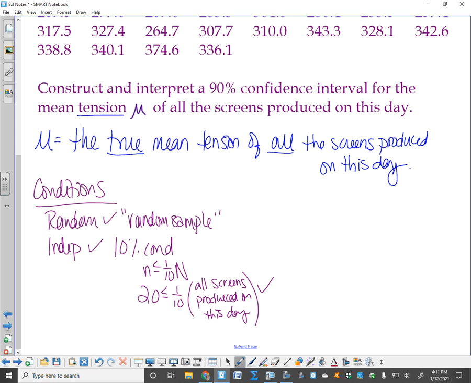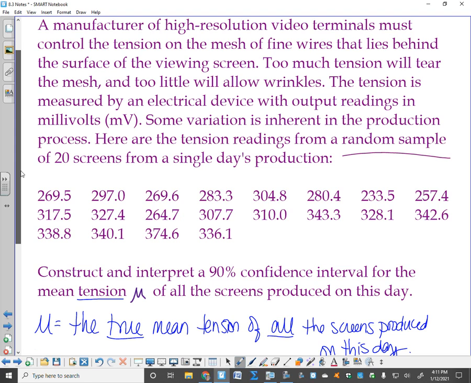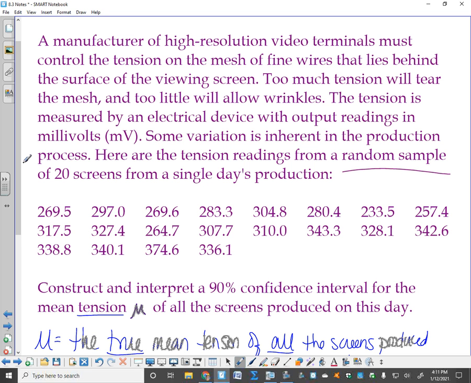So I assume we're good. Normal. I'm going to go ahead and put my check mark. However, it does not say that the population was normal, and we only have 20 samples. So CLT does not apply.